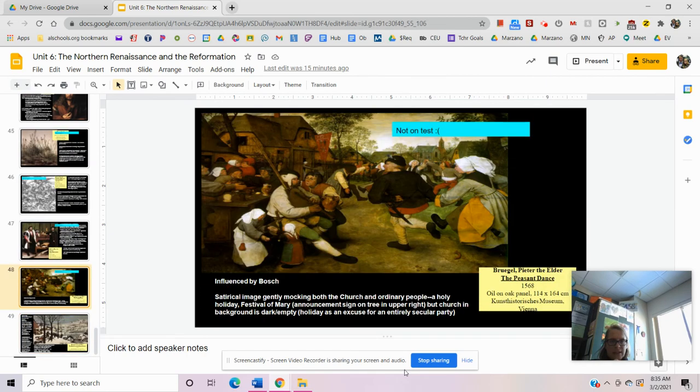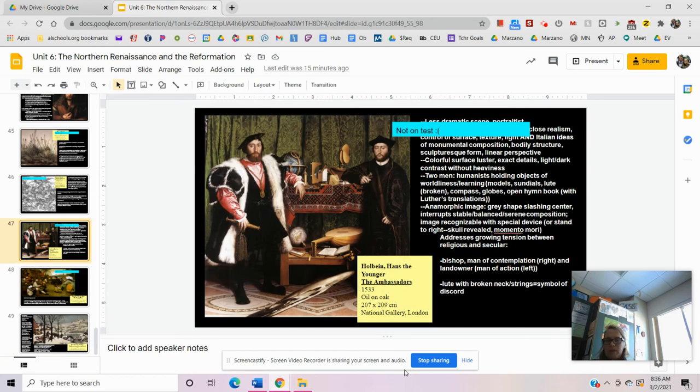I would like to skip this one. Okay, just super quickly. This is Peter Bruegel the Elder. Nope, this one is right here. Holbein, that's what I want to do. Hans Holbein the Younger. This one is nice just because it shows a contrast between the intellectual realm and the spiritual realm.